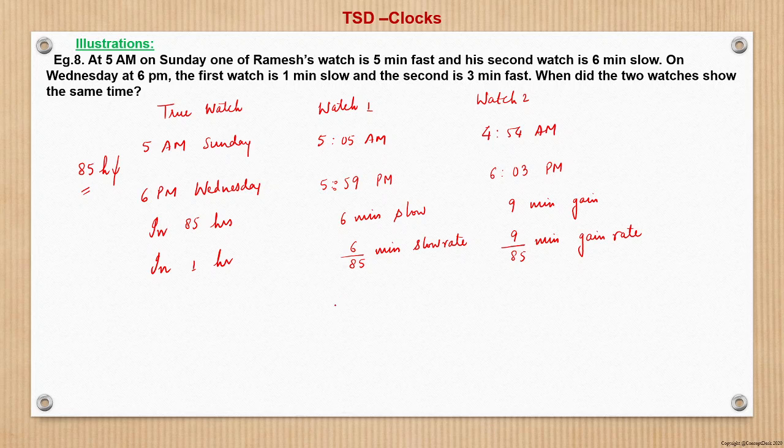Now see, just by the unitary method, it is assumed that after x hours the two watches show the same time. So what does this mean? x hours after the starting time, 5 a.m. Sunday.